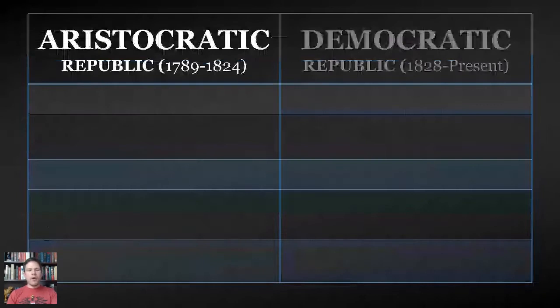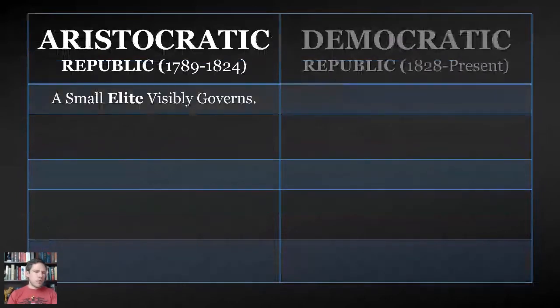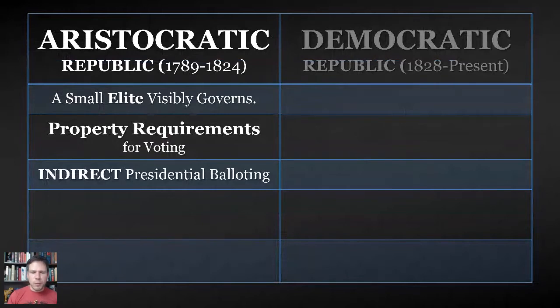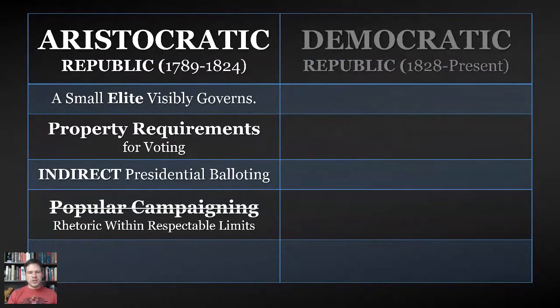In an aristocratic republic, a small elite visibly governs, with property requirements for voting and indirect presidential balloting, where in the earliest presidential elections the electors were chosen by the state legislatures. Popular campaigning was frowned upon, and rhetoric was typically kept within respectable limits.